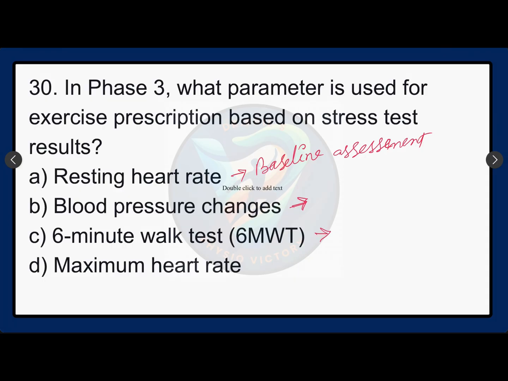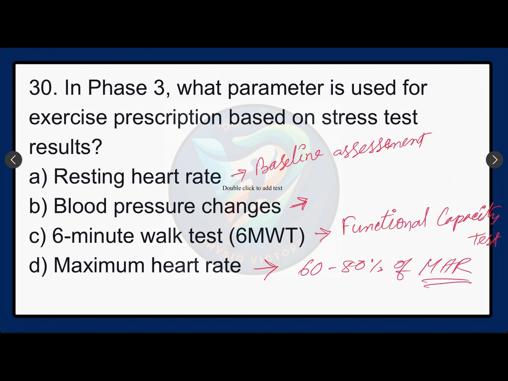The 6-minute walk test is used for a functional capacity test. So maximum heart rate is basically used for exercise prescription: 60 to 80% of maximum heart rate, or you can use Karvonen's formula.